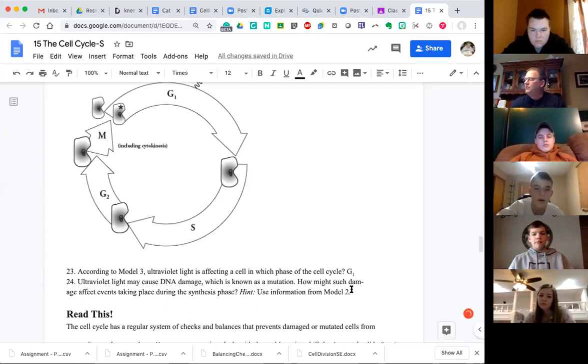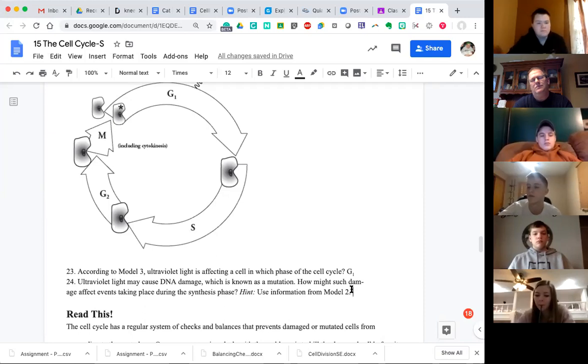Okay, 24, ultraviolet light may cause DNA damage, which is known as mutation. How might such mutations affect events taking place during synthesis? Good answers out there?